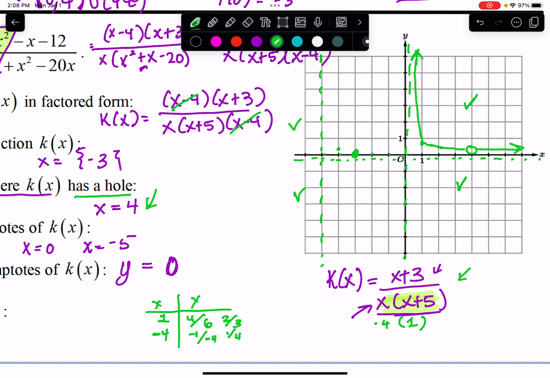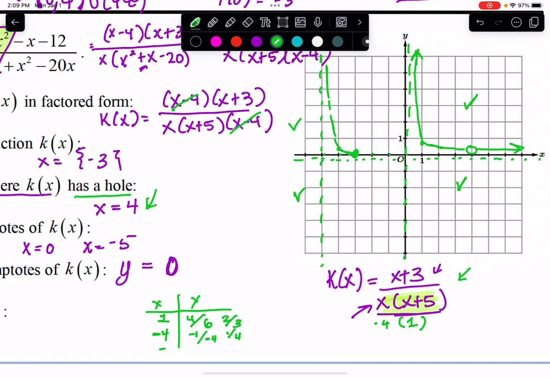So I have to be coming down from here, and I have to hit this 0. Now I don't know whether I go back up or I come down this way. So I am going to test maybe -1.